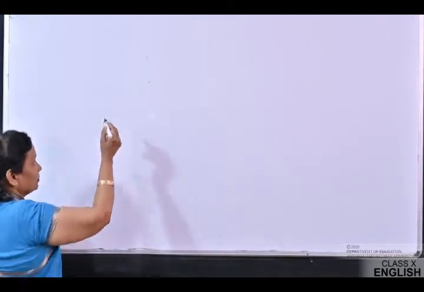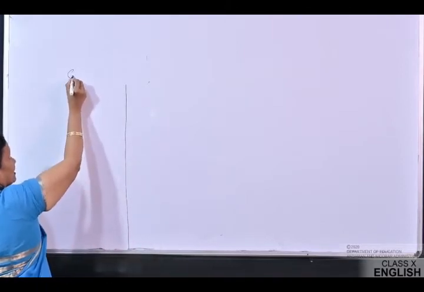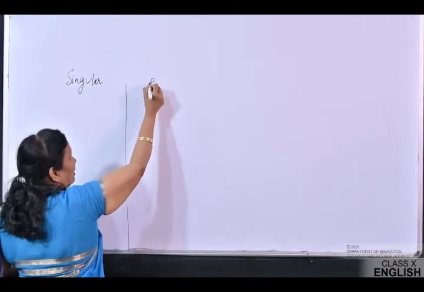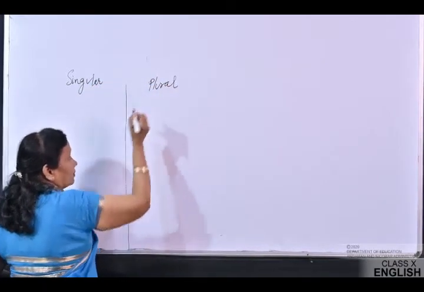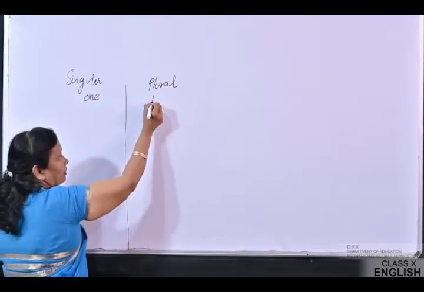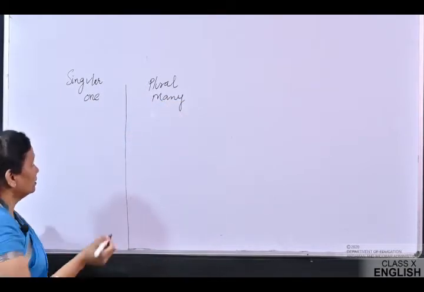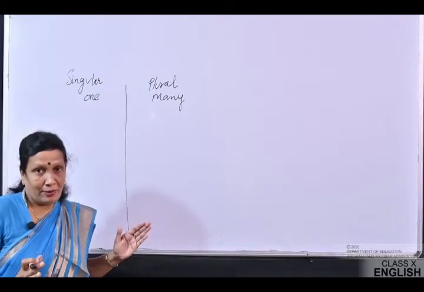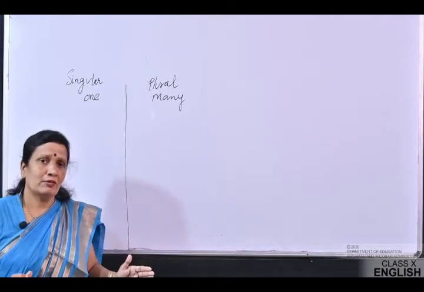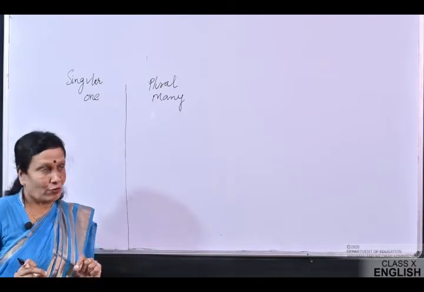So let me just explain it to you. Maybe here let us write the singular and plural. Here singular means one and plural means many. So we need to keep this in mind. Though this is very simple, I am still repeating it so that things become very clear and easy for you.